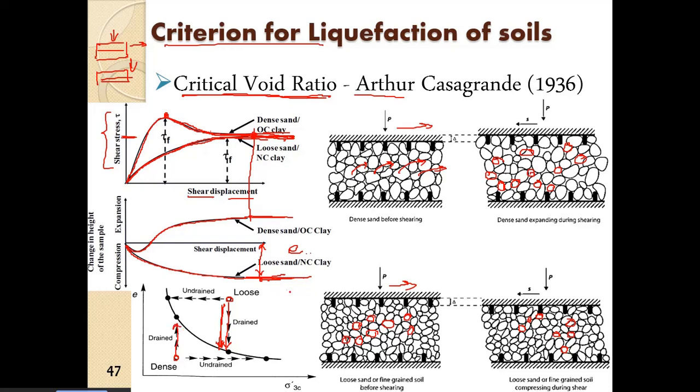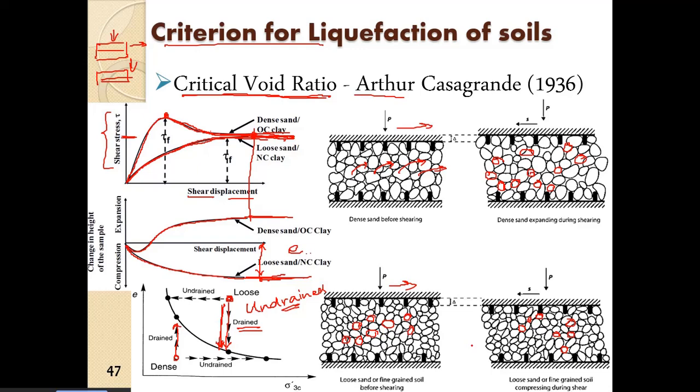Now, alternatively, Arthur Casagrande said that normally consolidated soils tend to compress while shearing in a drained condition. If it is an undrained condition, there will be development of pore water pressure.